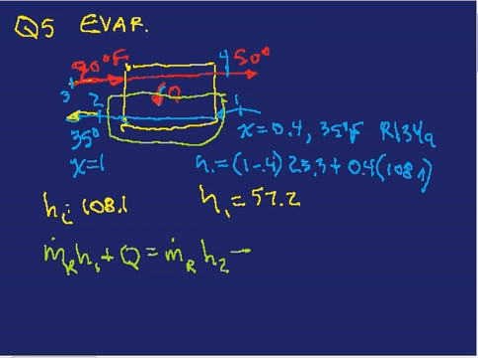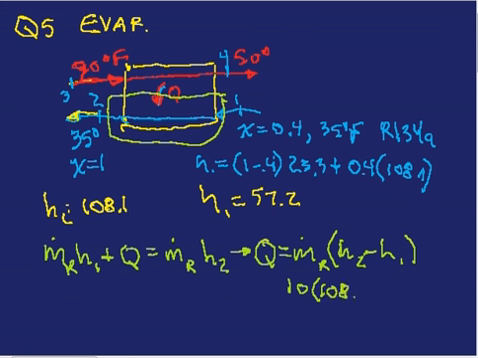Or Q is equal to m dot of the refrigerant times H2 minus H1. It's gaining heat, so H2 will be greater than H1. And this will be 10 times 108.1 minus 57.2, and this comes out to approximately 509 BTUs per minute.